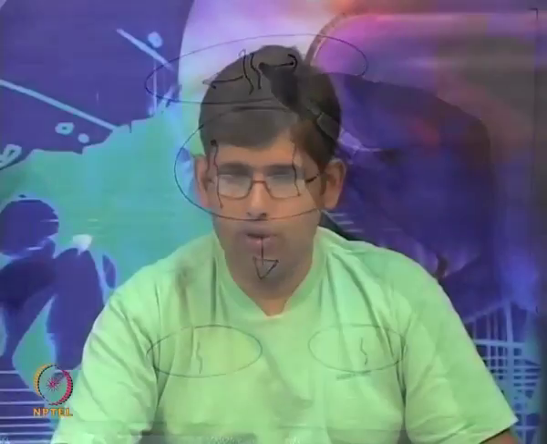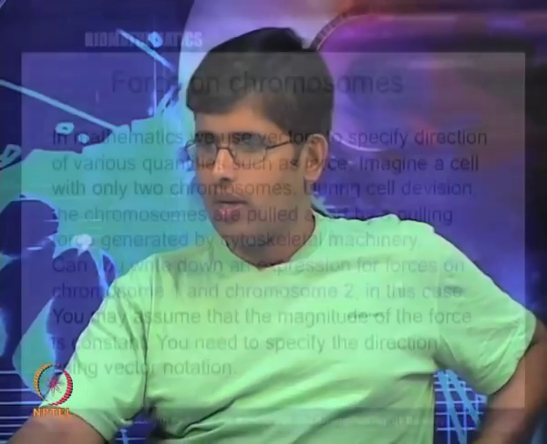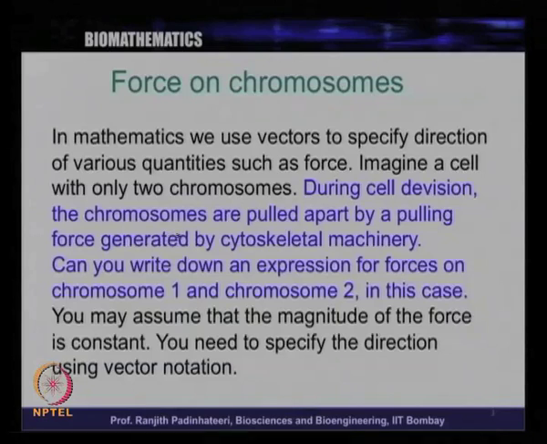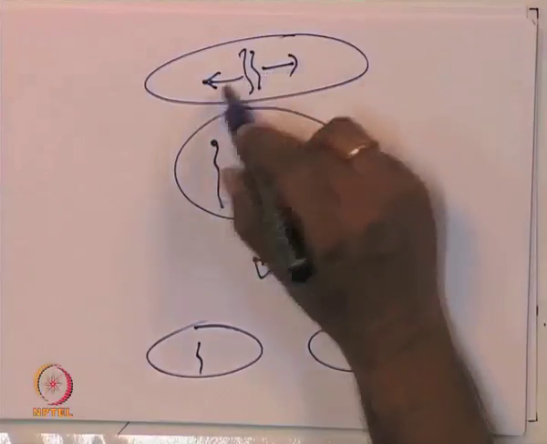You could have 2 chromosomes becoming 4 and pulling 4 of them apart, but for simplicity let us not worry about all this. We only want to think about the physical part of it. So, let's look at the question once more. During the cell division, the chromosomes are pulled apart. There are only 2 chromosomes and they are pulled apart by a pulling force generated by cytoskeletal machinery. So, there is some cytoskeletal machinery to pull these chromosomes apart.